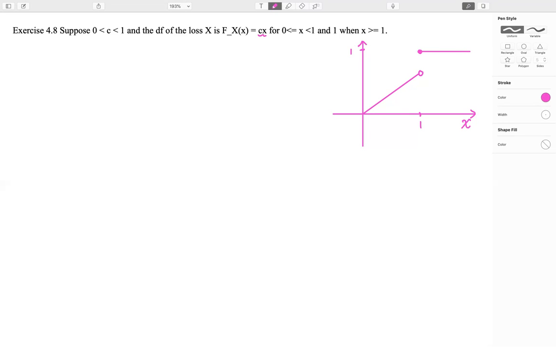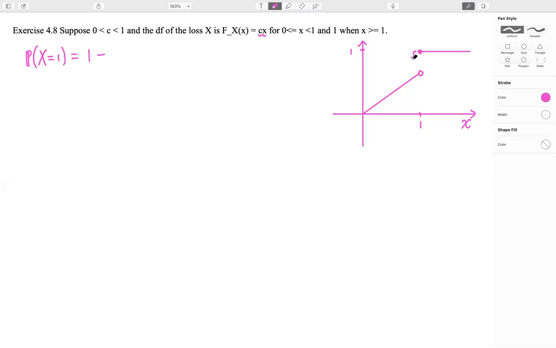From this graph, what can you tell? That is the most important thing. We need part A, we just need to plot this, which I just did. From this, we obviously see there's a jump, right? So I know the probability that X equals 1 would be 1 minus this point.